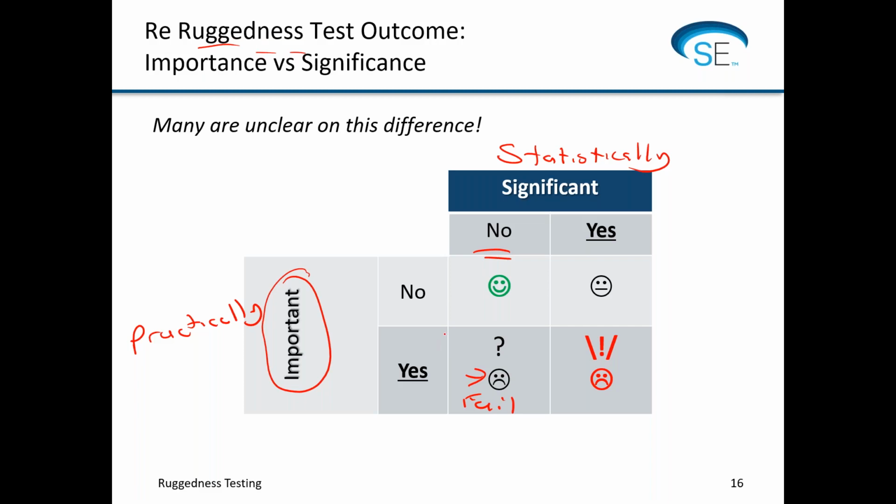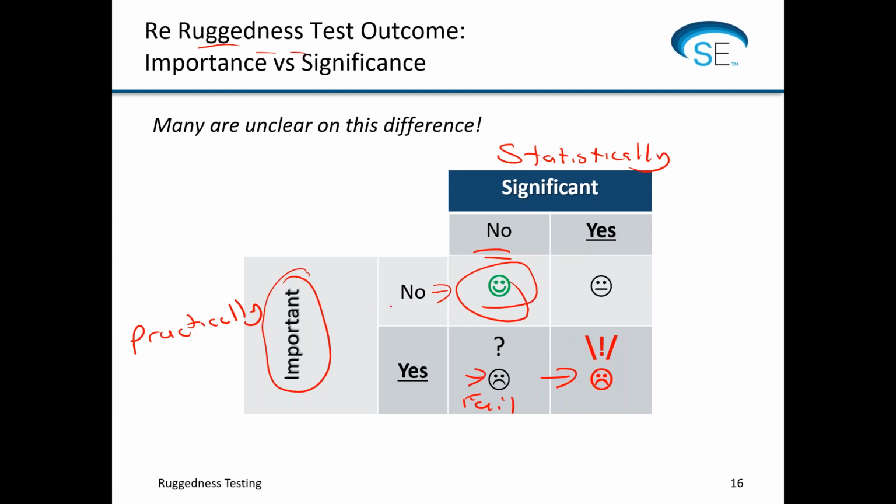And of course, if it's important and significant, that would be a very bad fail that, you would have no question, needs to be worked on. On the other hand, things that are unimportant and not significant, that's a really good outcome.